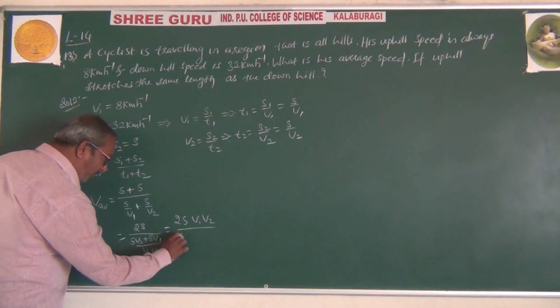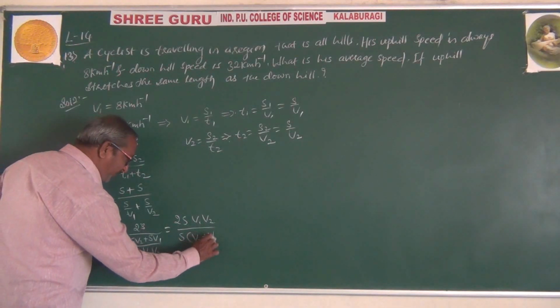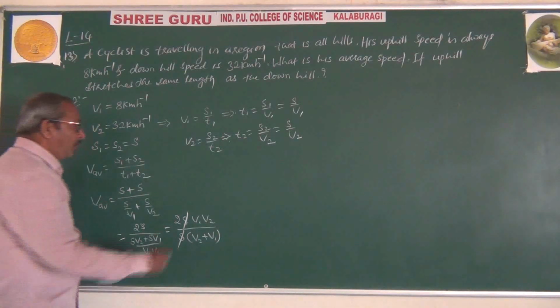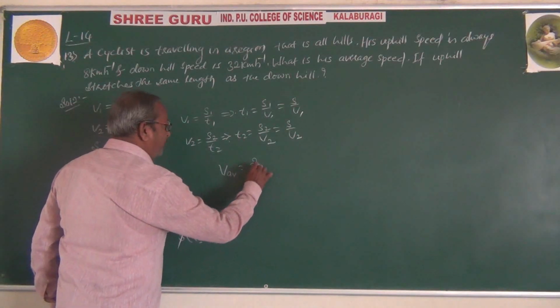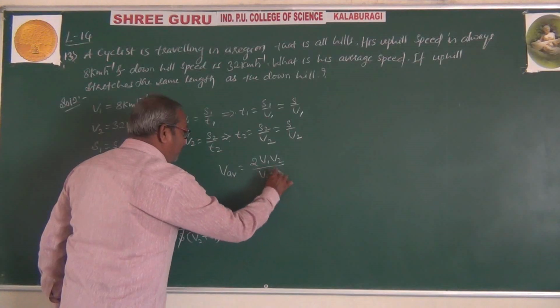Here S is common and cancels. So V average equal to 2 V1 V2 divided by V1 plus V2.